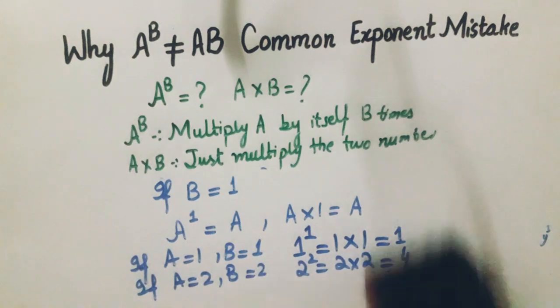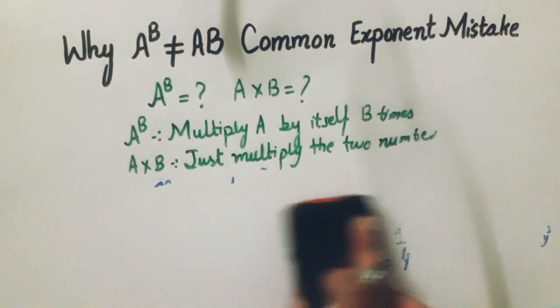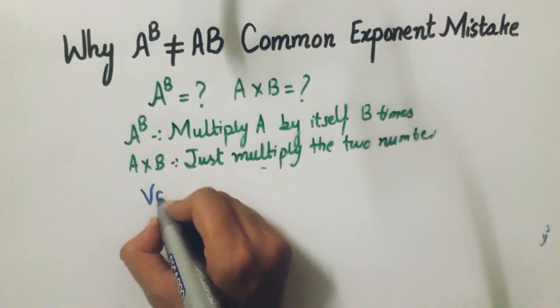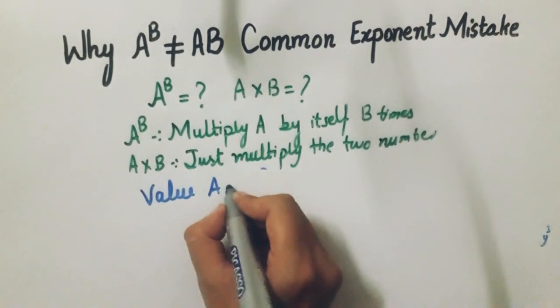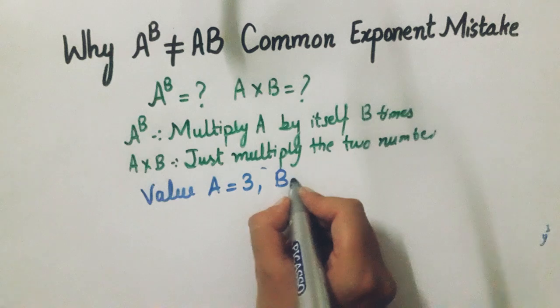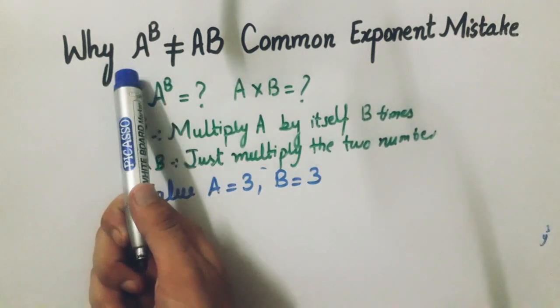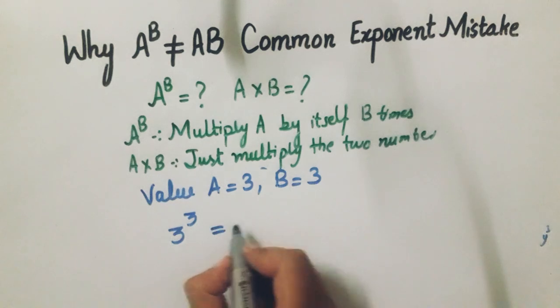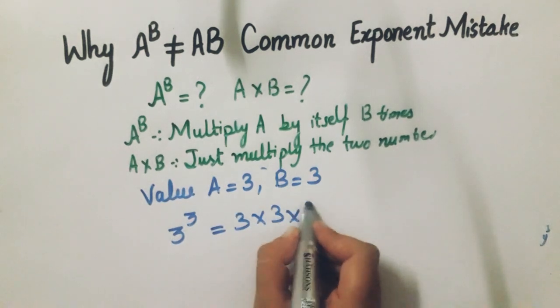Let us consider if we take the value of a is 3 and b is also 3. So in the left hand side we will substitute 3 raised to power 3. It means that 3 is self multiplied 3 times.